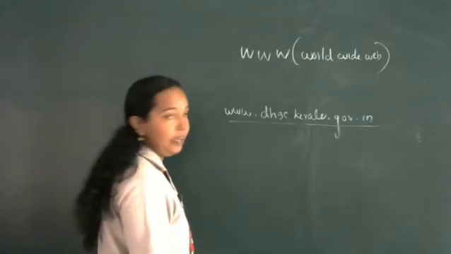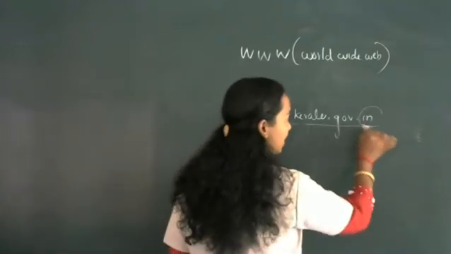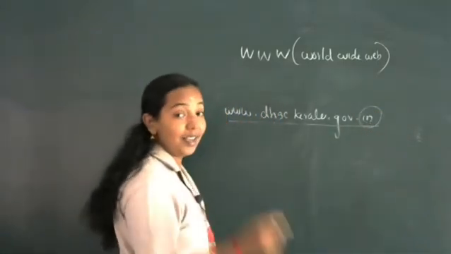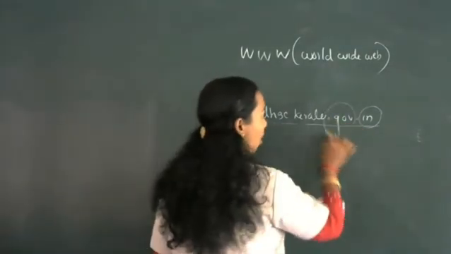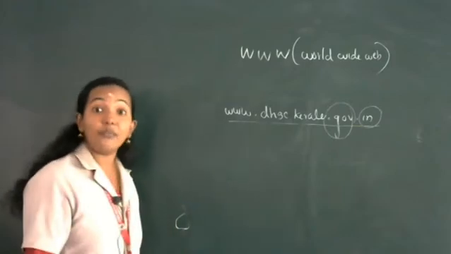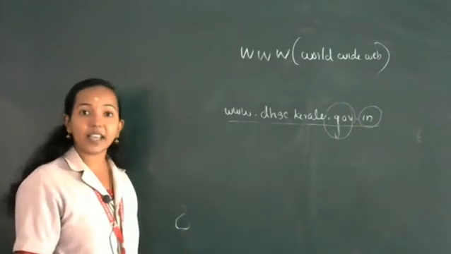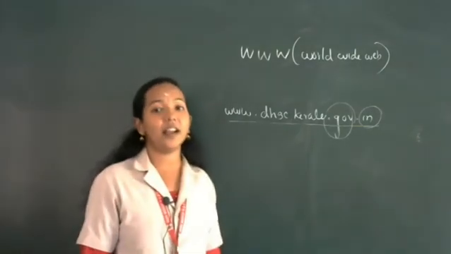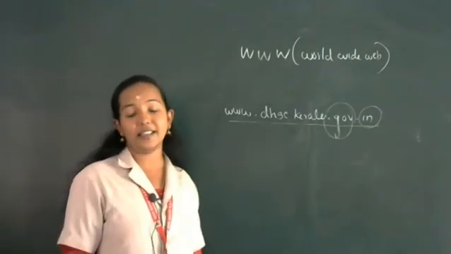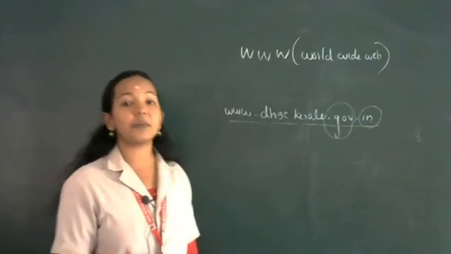In this domain name, some extensions are available: .in means this website belongs to India, and .gov means it's a government website. So according to the domain name, we can easily identify or recognize a particular URL or that particular website.